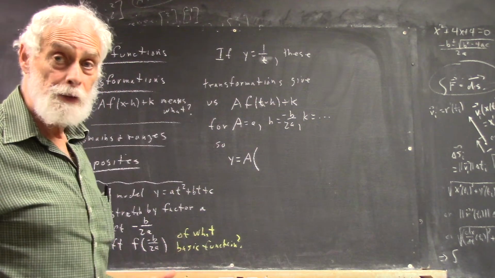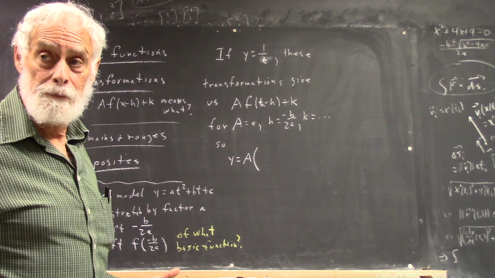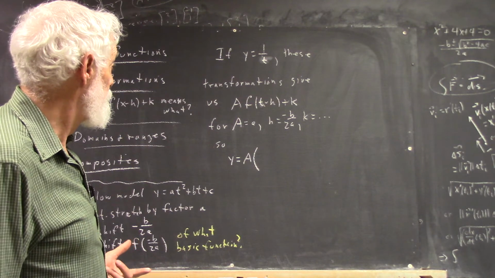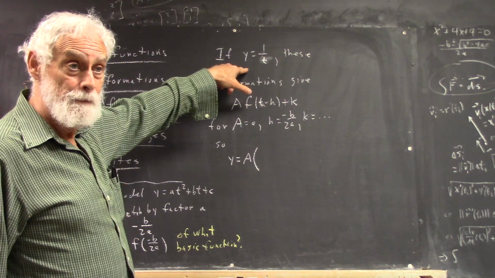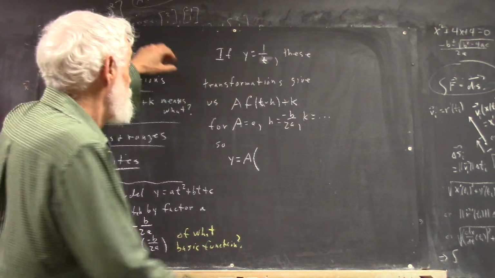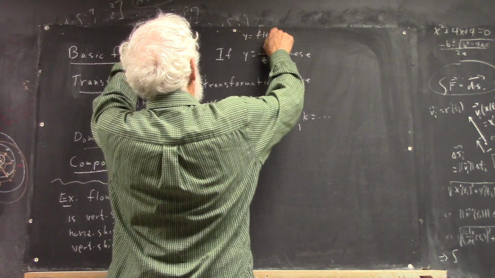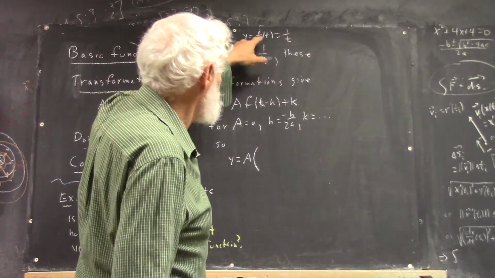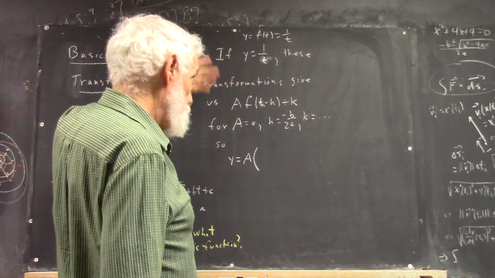What's f of t minus h? But here's your f of t, right? Okay, so let's be sure we understand that the function is 1 over t, so your f of t is 1 over t. Probably should have said that.